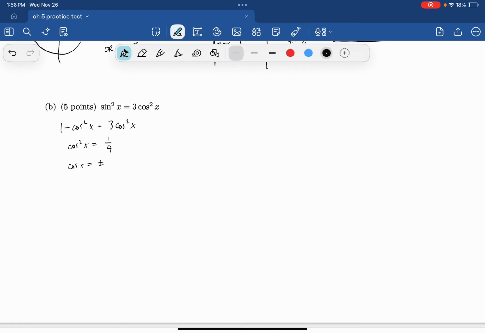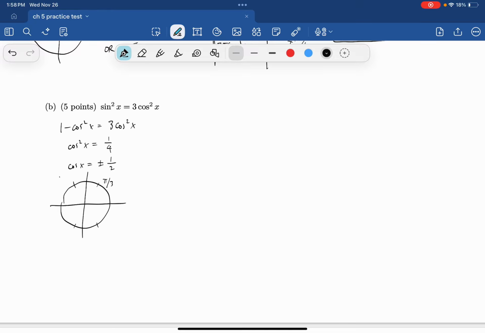So cosine x equals plus or minus half. All right. So on the unit circle, that's here, here, here, and here. Points with x coordinate, either half or negative half.